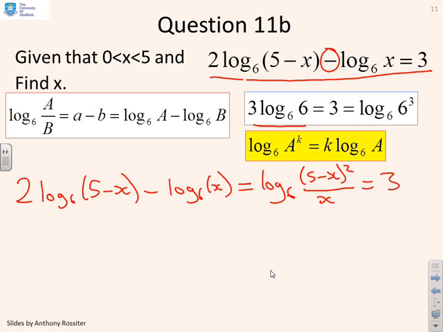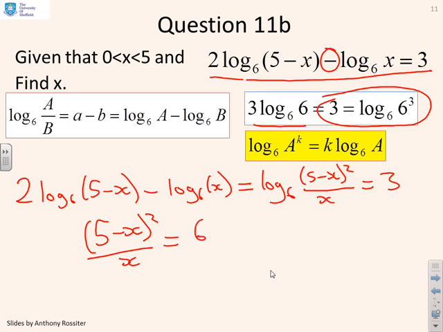But you'll notice what we've written above, that 3 is the same as log 6 of 6 cubed, and so therefore I've got 5 minus x squared over x equals 6 cubed.